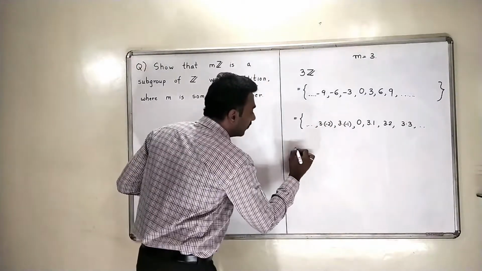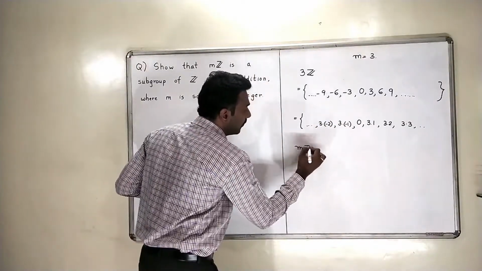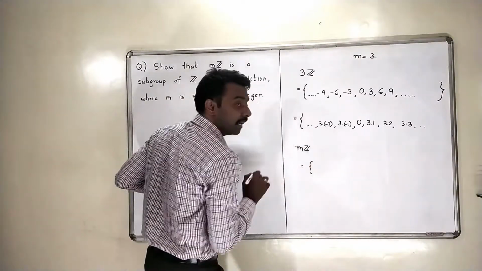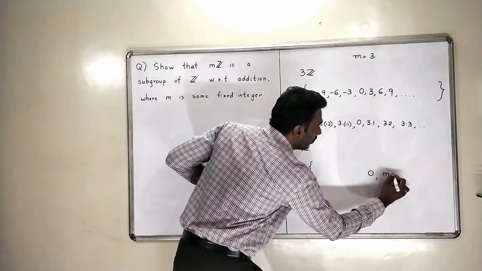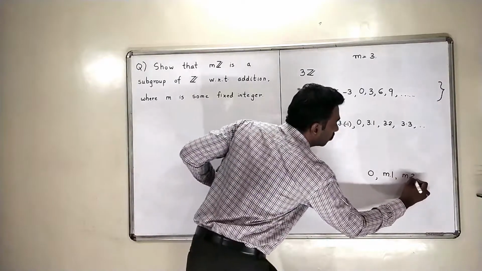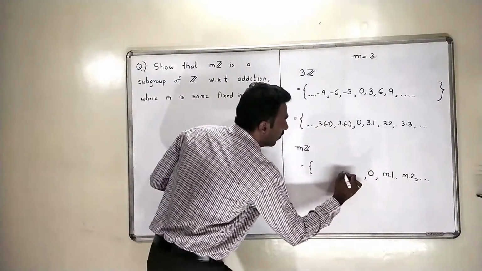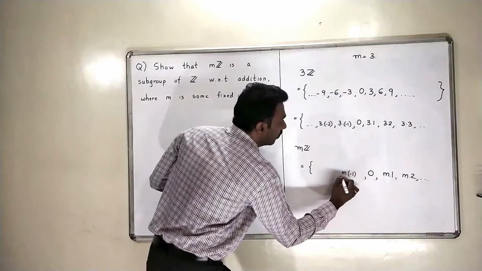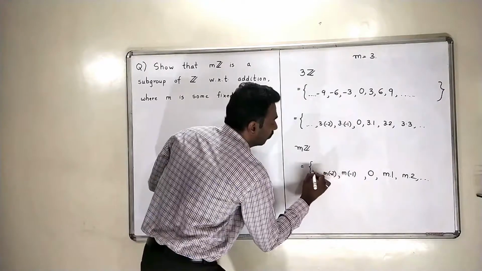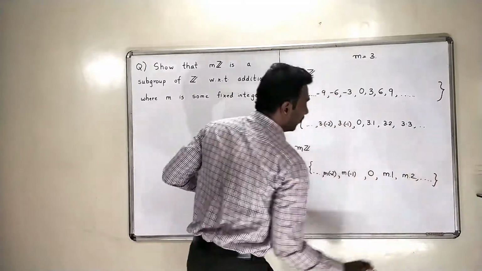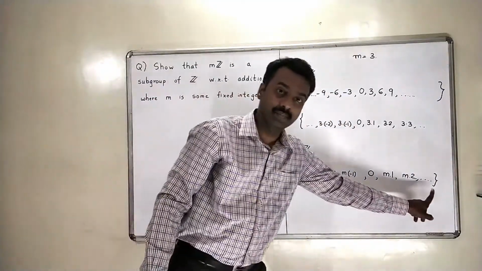So when I am taking MZ, my MZ contains what? 0, M times 1, M times 2 and so on, M times minus 1, M times minus 2 and so on. So this is our set MZ.